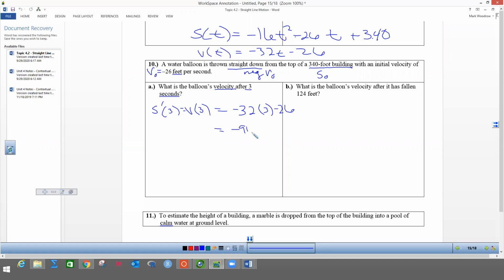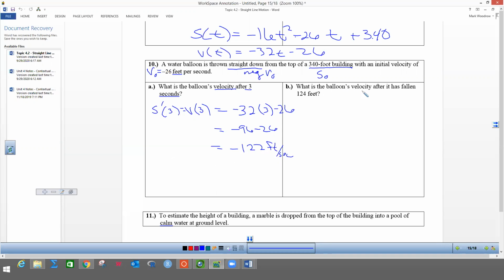That's negative 96 minus 26, which is negative 122, I believe. Yeah, negative 122 feet per second. So that would be the velocity. You say the velocity is negative 122 feet per second at t equals 3.